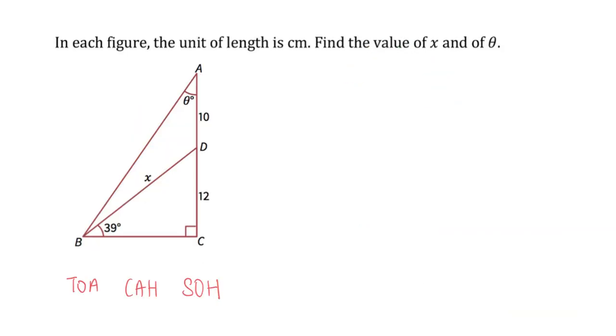Hello everyone, welcome to this question where we are given the following diagram and we are required to find the value of x and of theta. For x, let's channel our attention to this particular blue color right angle triangle.